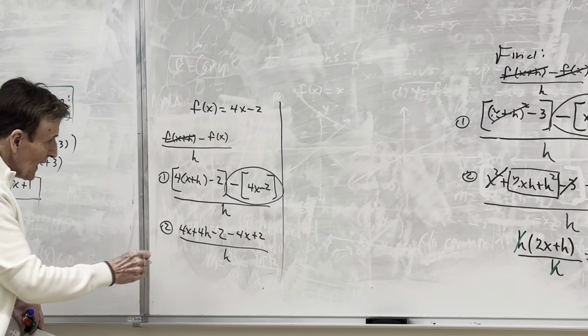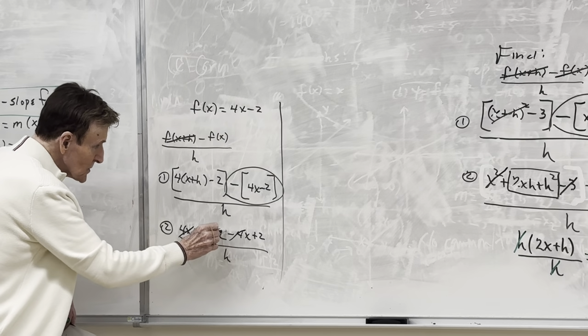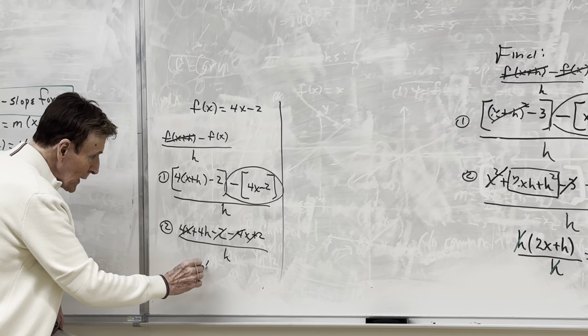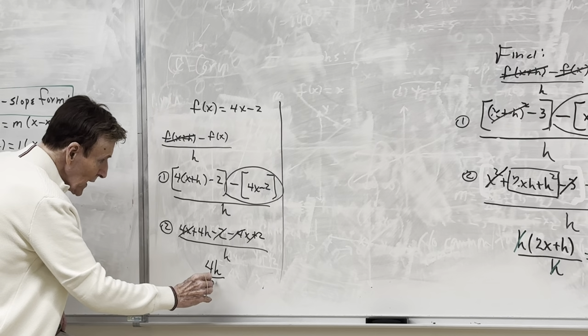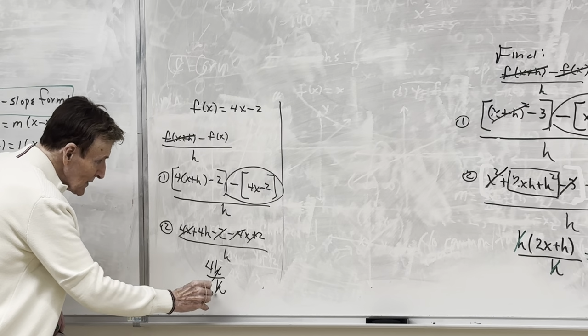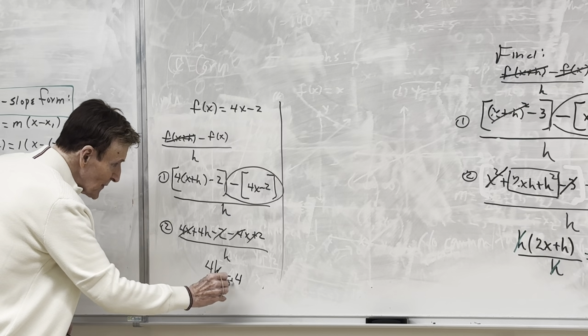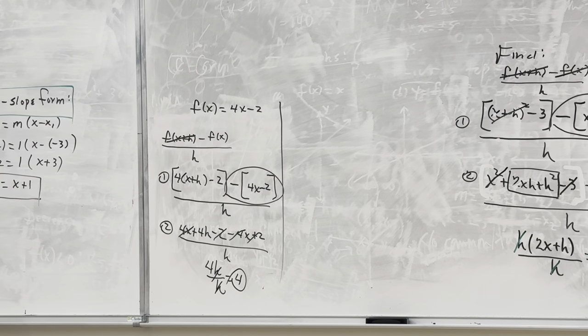Terms, x's cancel, 2's cancel. I'm left with 4h over h. How nice, even the h's cancel. There's my difference quotient. Does it agree with what we said it should agree with? Yes. Okay. I'll have one also on the exam where you cannot see it before you find it.